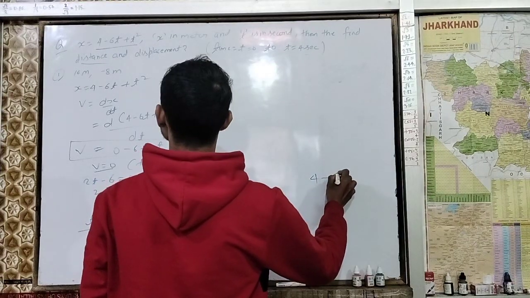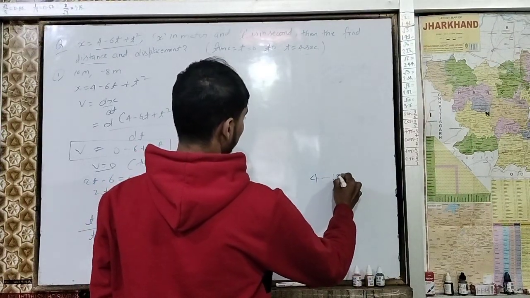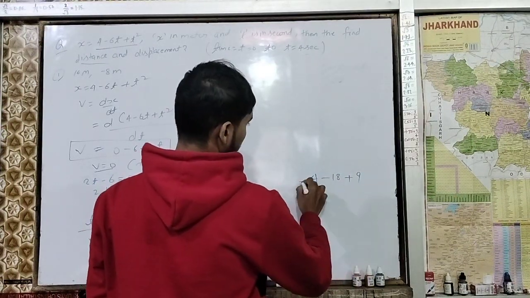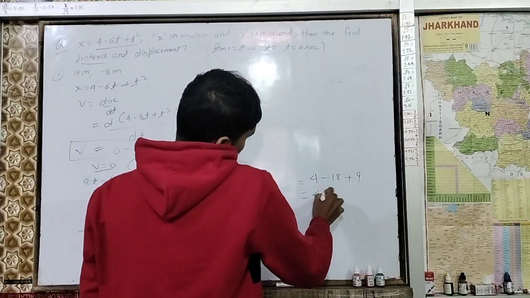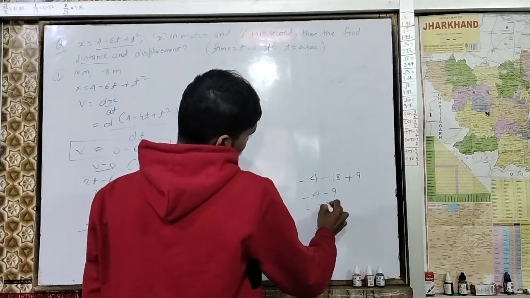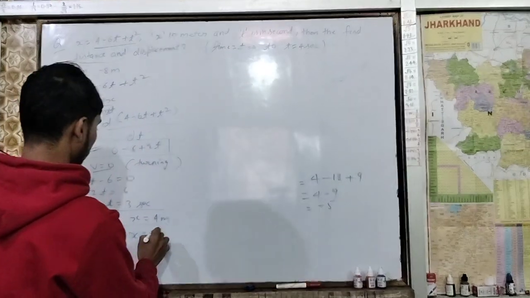If you substitute the value of 3, 3 times 3 is 9, 6 times 3 is 18. 4 minus 18 plus 9, that is 4 minus 9, which is minus 5. It came as minus 5 meter. Here x is the location of the particle at this time.